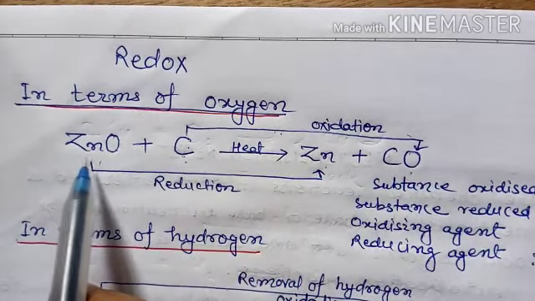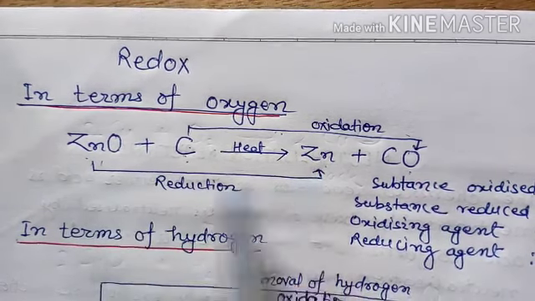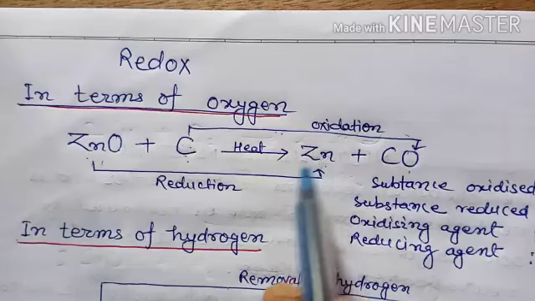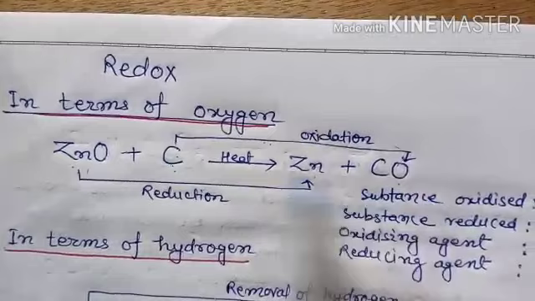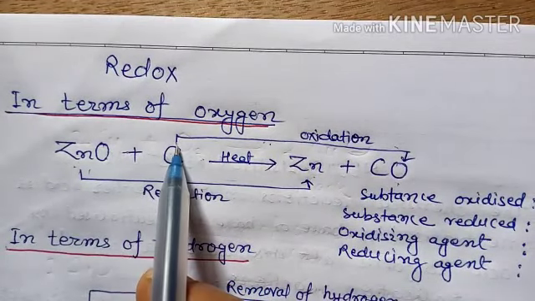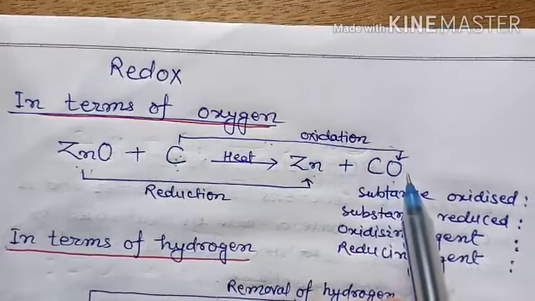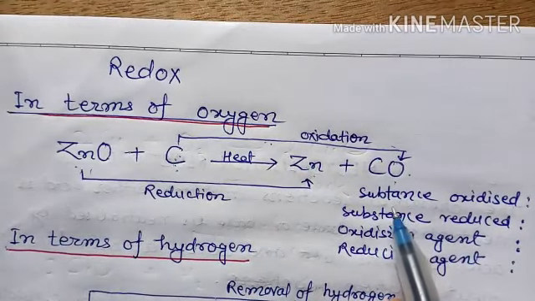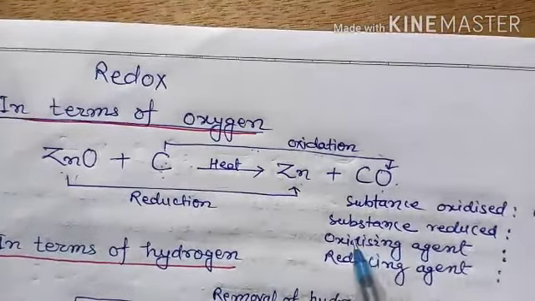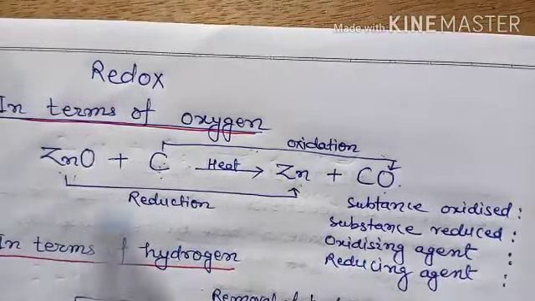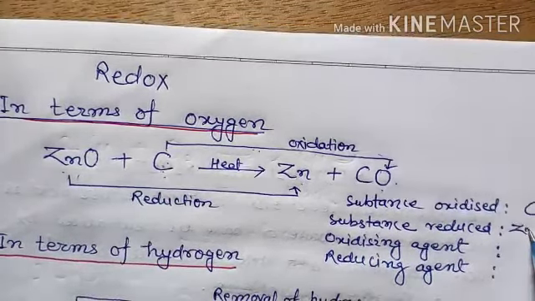Here removal of oxygen takes place from zinc oxide and it is reduced to zinc. Carbon on heating with zinc oxide gains oxygen and forms carbon monoxide. So the substance oxidized is carbon, and the substance reduced is zinc oxide.